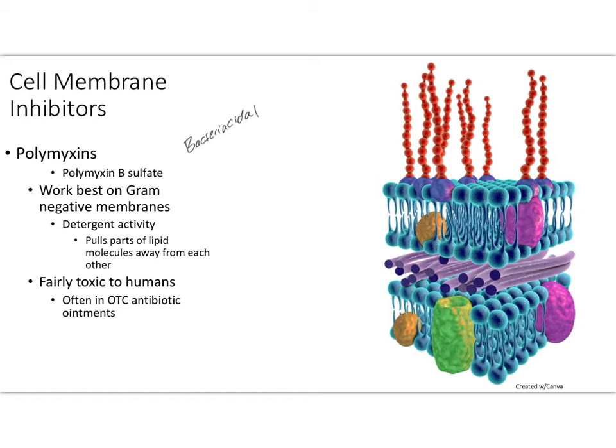And these ointments have 3 different types of antibiotics in them. One of them is usually polymyxin B sulfate. They are great at dealing with these gram-negative bacteria that could be on the skin and helping get rid of those infections. And if you just use them topically, they are not nearly as damaging to our kidneys because they don't get very far into the body.